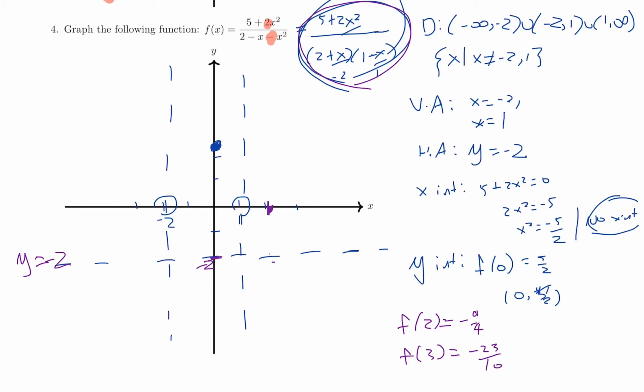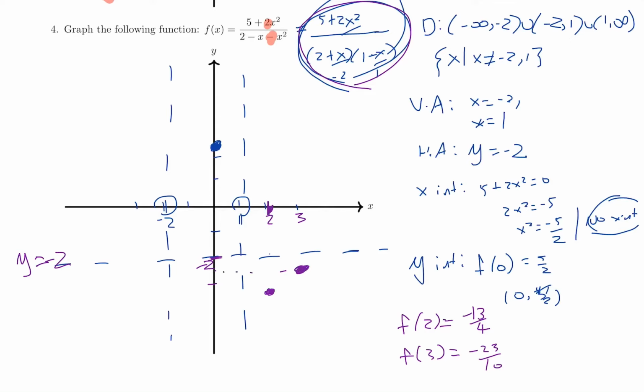F of 2 should actually be, sorry about that, negative 13 over 4. I read my paper wrong. So negative 13 over 4, which is about negative 3 point some number. So somewhere here. When it's 3, it's negative 23 over 10, which is negative 2.3. So it's above this value. So right here. Again, we're just estimating, right? So negative 2.3 somewhere here maybe.